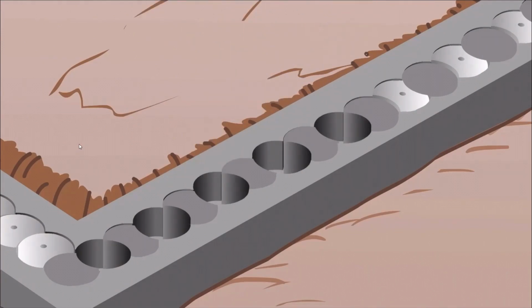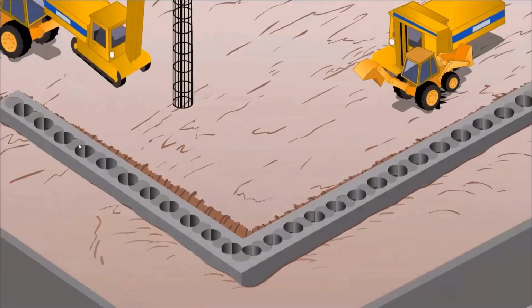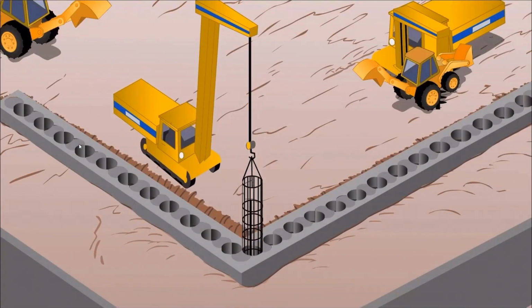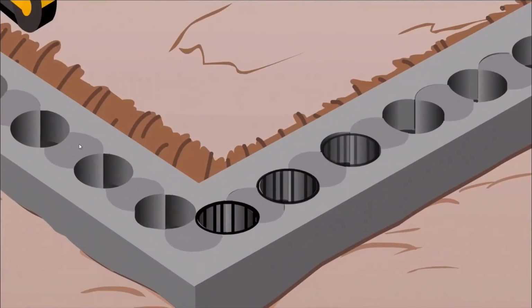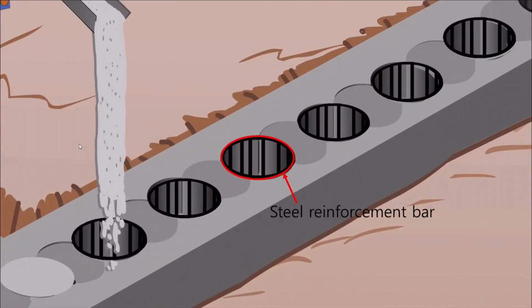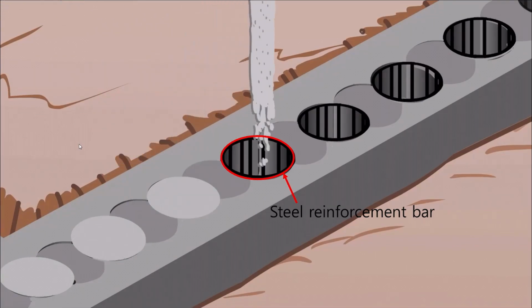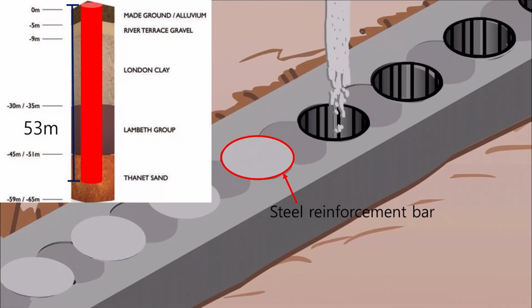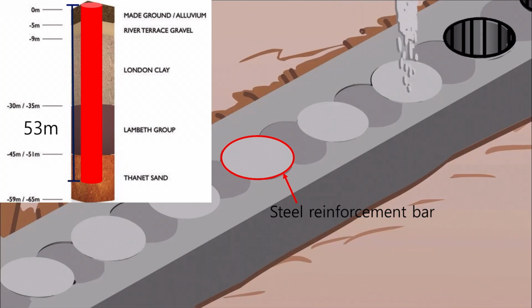This action creates the important interlocking overlap between the piles. For reinforcement, a prefabricated steel cage is lowered into each secondary pile. A second hard concrete mix is then used to complete the wall. Some specifications require all piles to be made of the harder concrete.